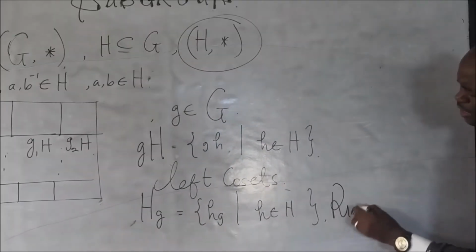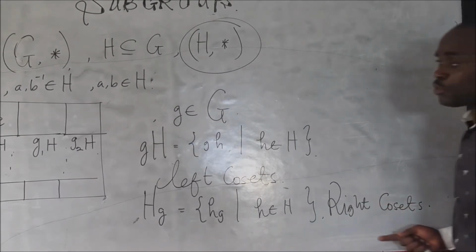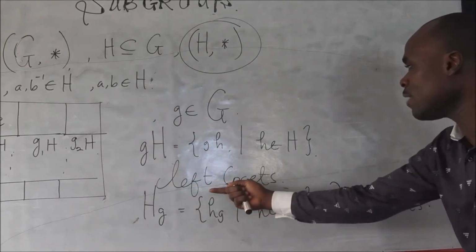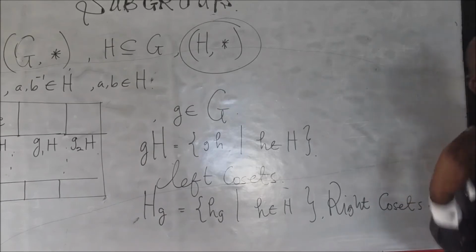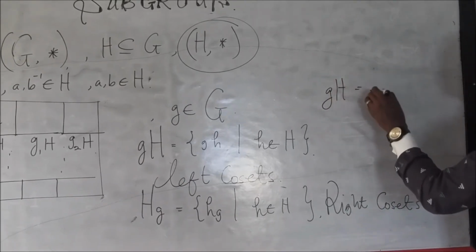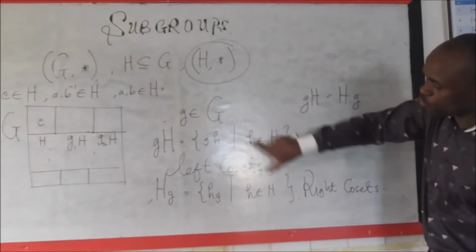So call this the right cosets. So take note that whenever the left coset and the right coset are the same, we say that this is an abelian group. So in that case, we have that gH is equal to Hg. Very, very interesting. So this is what we refer to as the cosets.